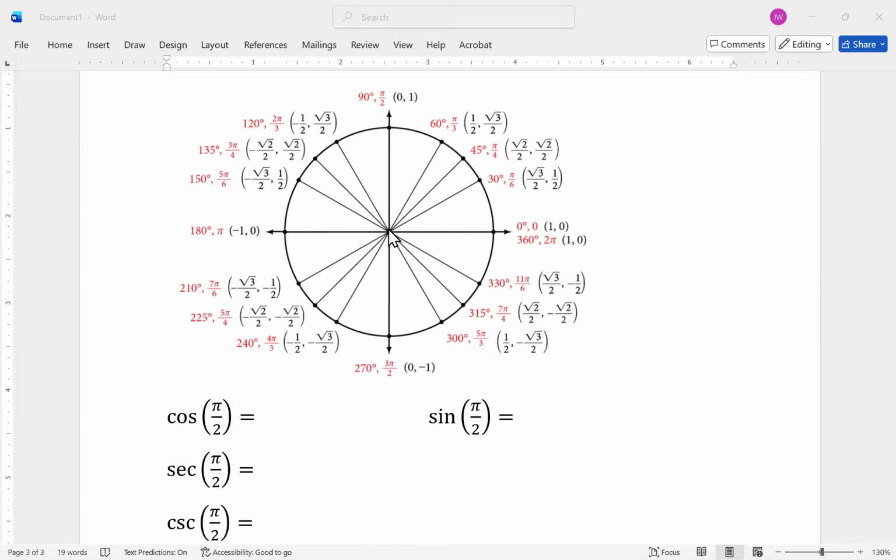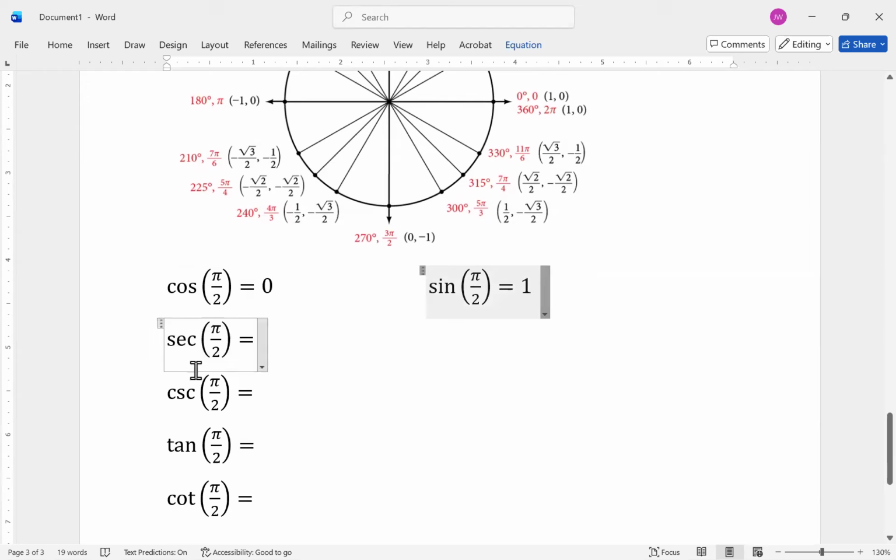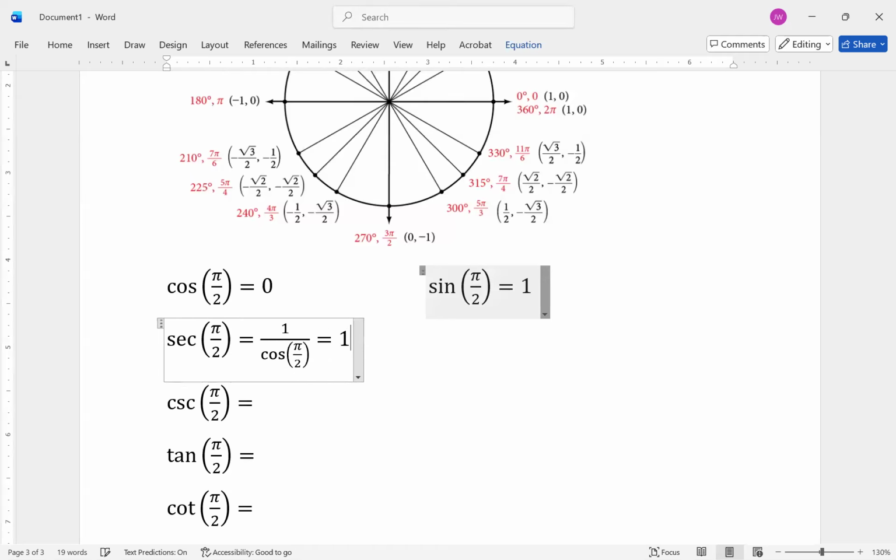At angle pi over 2, we are at the point (0, 1). So that means cosine of pi over 2 is 0, and sine of pi over 2 is 1. Now here's where it gets a little bit tricky. Remember, secant is supposed to be 1 over cosine of whatever the angle is. So in this case, 1 over cosine of pi over 2. That would put us at 1 divided by 0.